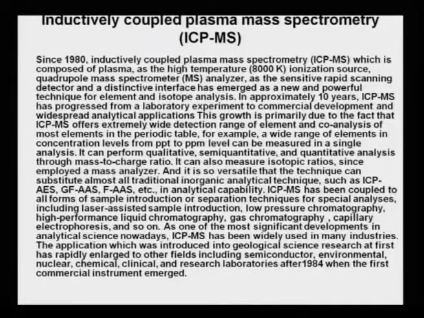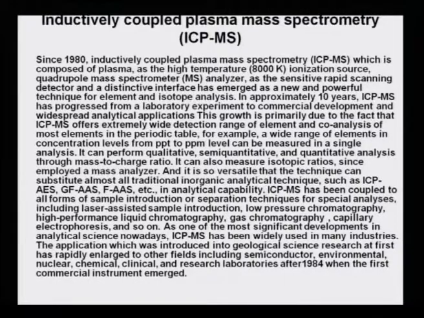As one of the most significant developments in analytical science nowadays, ICP-MS has been widely used in many industries. The application which was introduced into geological science research at first has rapidly enlarged to other fields including semiconductors, environmental, nuclear, chemical, clinical, research laboratories after 1984, when the first commercial instrument emerged.